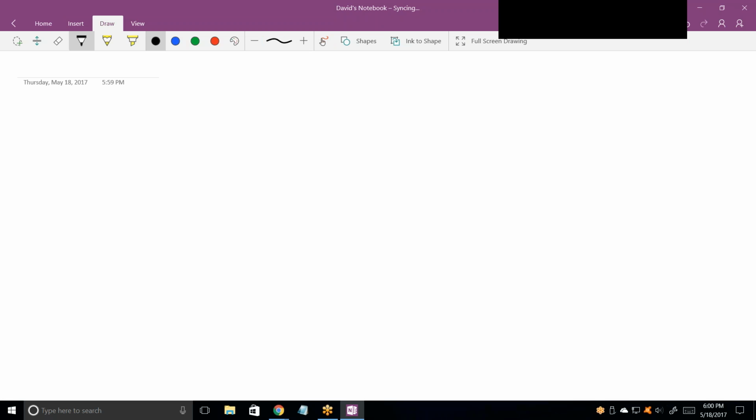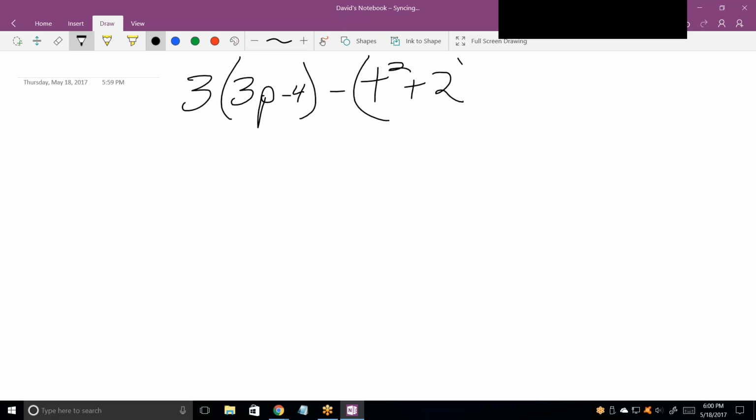Okay. So the first one is just simplify the expression, and it's 3 times the quantity of 3t minus 4, minus the quantity of t squared plus 2, minus 2p times p minus 3. Or sorry, it's all one variable. Is it T or Tom or Peter?